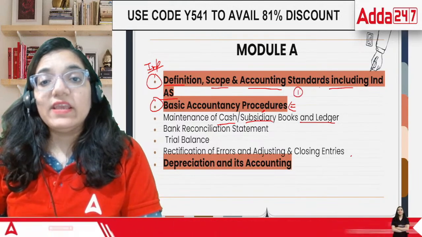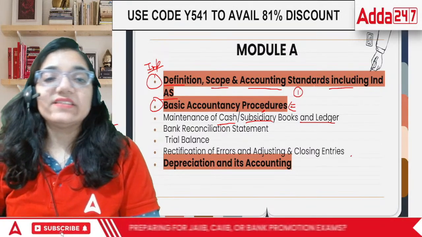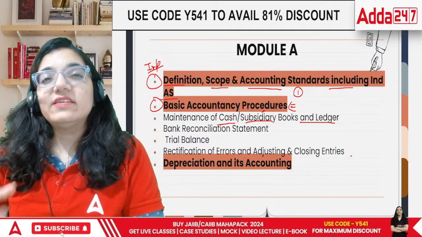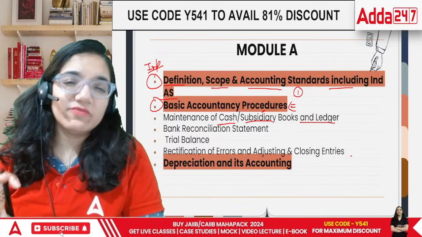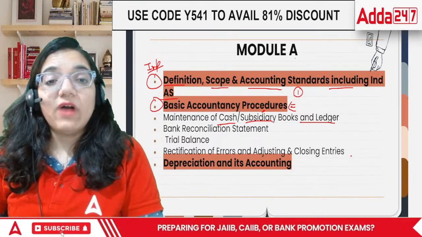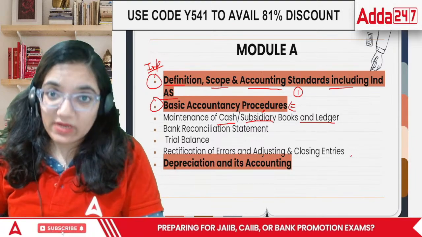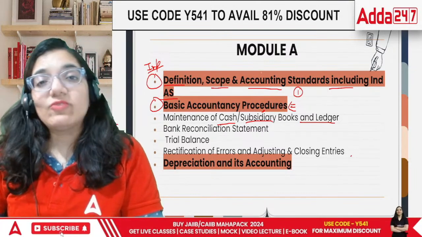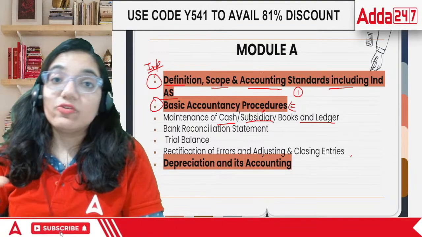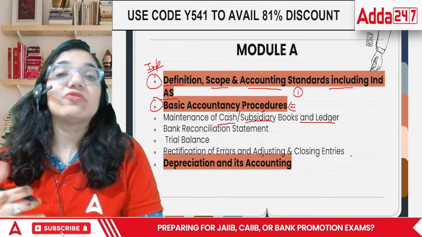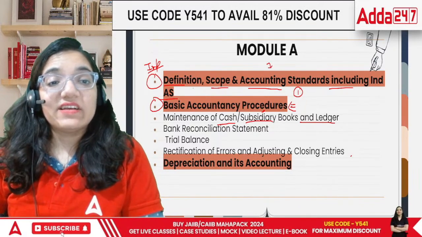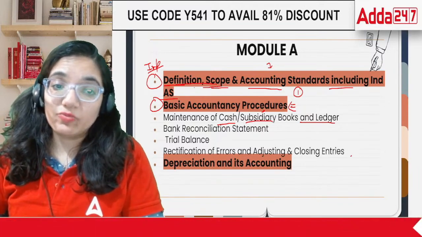Chapter number 1, if possible, do the Ind AS and AS a little later, because these topics are more confusing for people who are looking at accountancy for the first time. Accounting standards is the hardcore area of accountancy where you find rules based upon accounting. But if you do not know the terminologies, then you cannot do this. So technically, you will be restricted to definition and scope there.